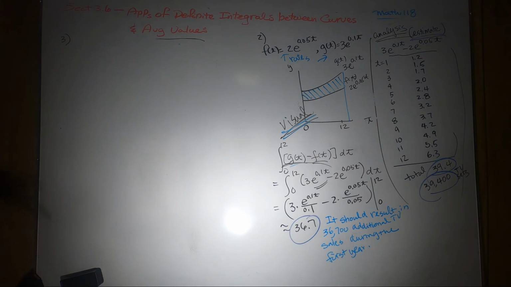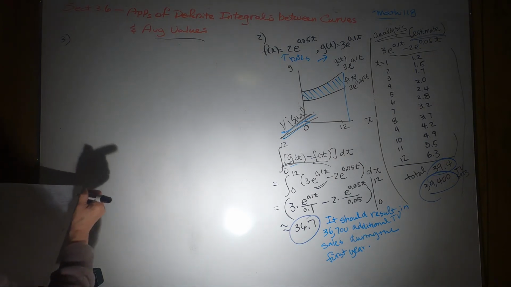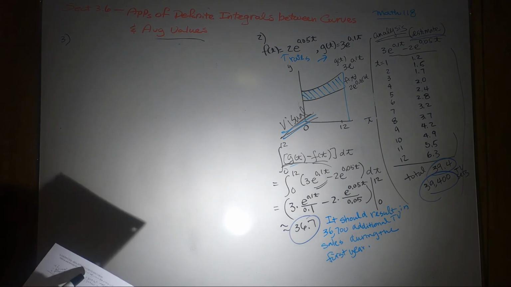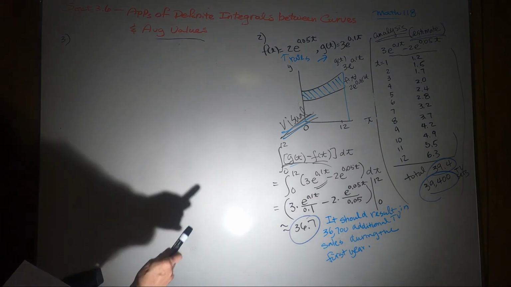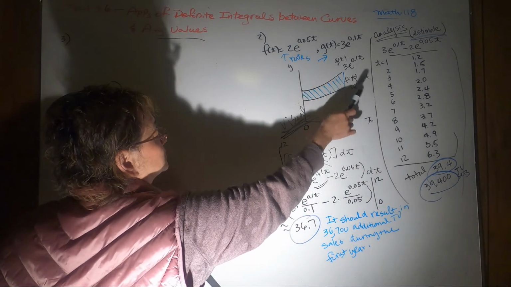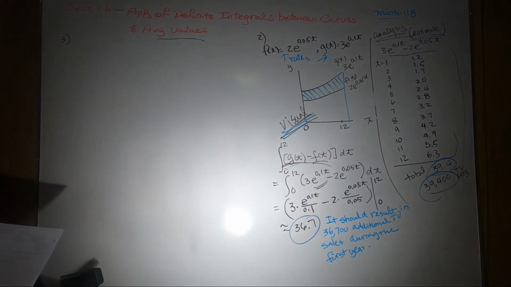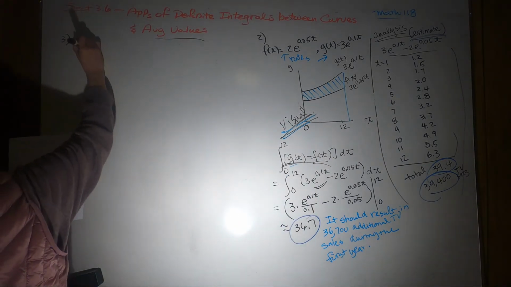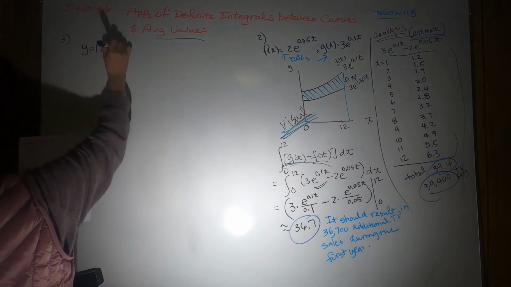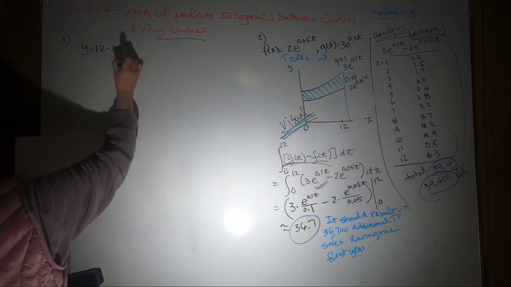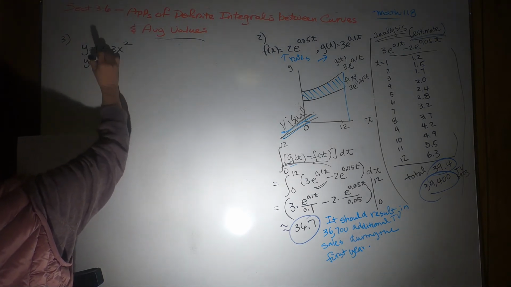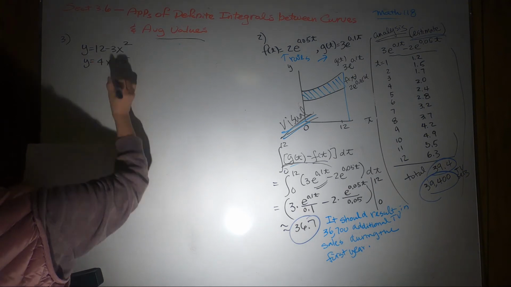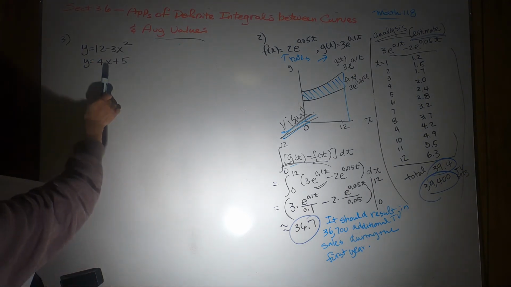Now it's the area between curves. Okay, so let's see. Finding the area between curves that cross, like those two curves are now crossing each other. So if we have y equals 12 minus 3x squared, and y equals 4x plus 5. One is a line.